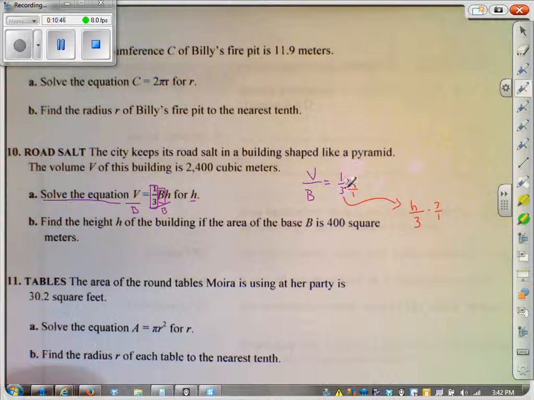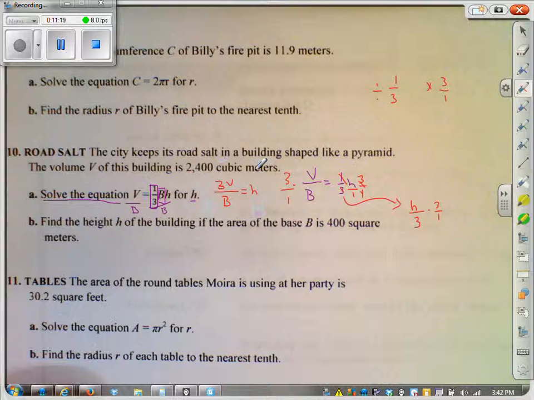To undo multiplying by 1/3, I would have to divide by a fraction, and I can't do that. I have to multiply by the reciprocal. So that's multiplying by 3 over 1 on both sides. These all cancel. I have h all by itself. So solving the equation here, 3 times v is 3v over b equals h.